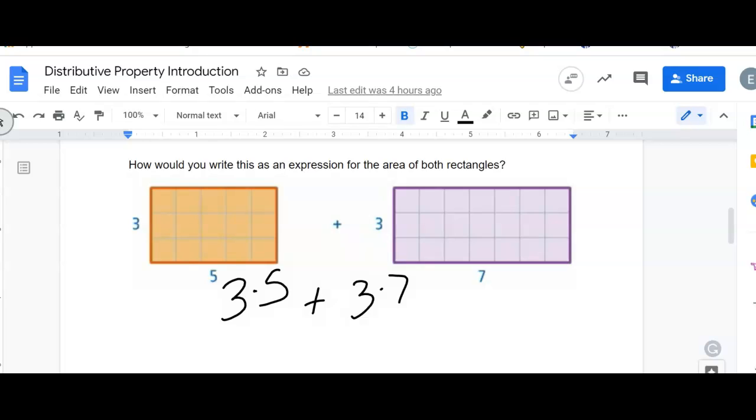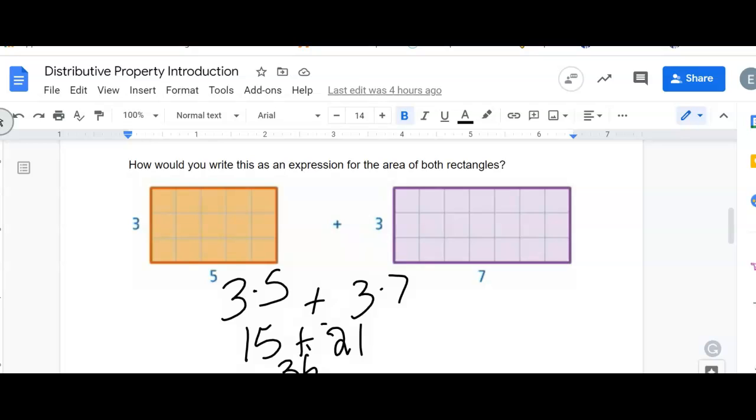All right? So then, some of you solved them. 3 times 5 is 15 plus 3 times 7. So now 15 is the area of the orange, and 21 is the area of the purple rectangle. If we were to combine these together, what would the area of these be? 36.